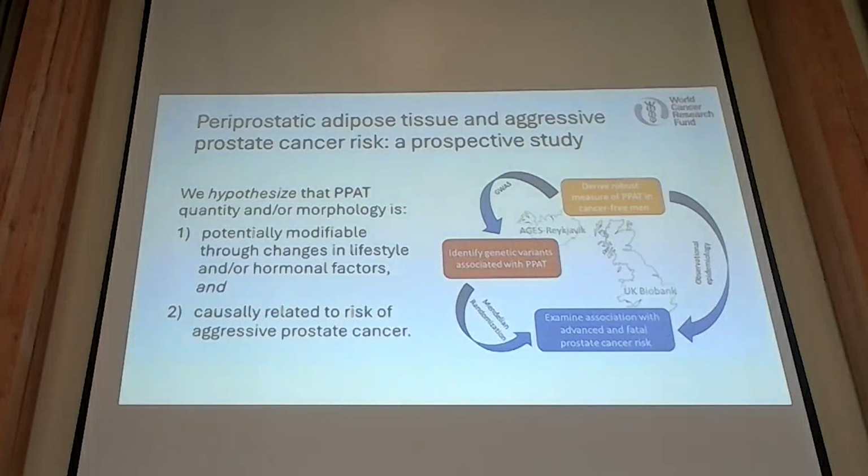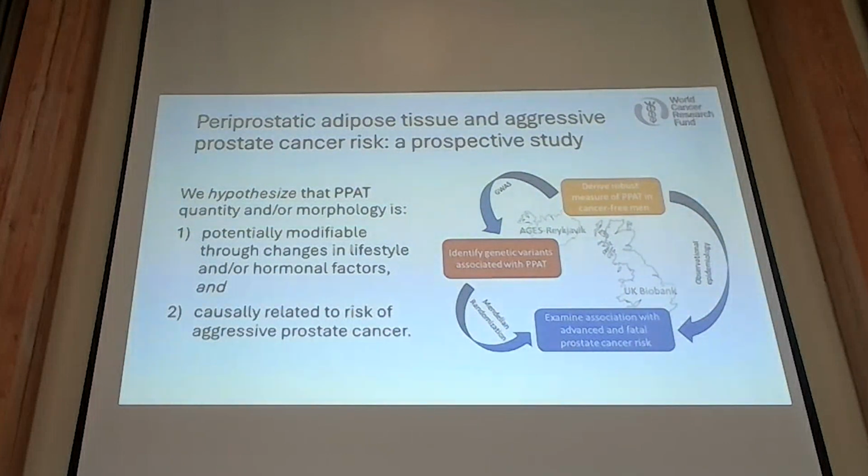And then the little figure on the right shows broadly, in brief, our approach: we're using data from two longitudinal studies with imaging in cancer-free study participants, UK Biobank, which we've heard a lot about today already, and then another longitudinal study based in Iceland called AGES-Reykjavik.